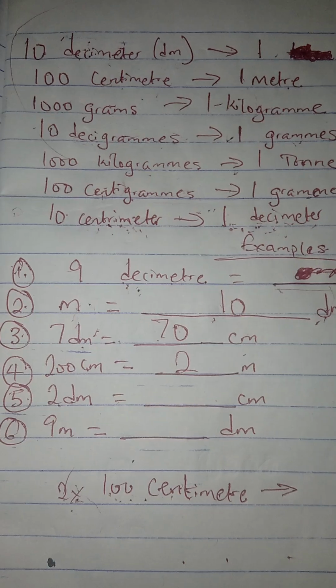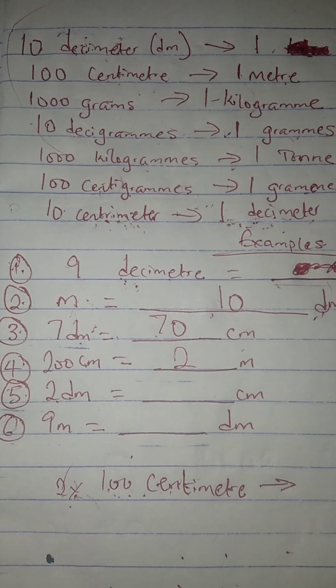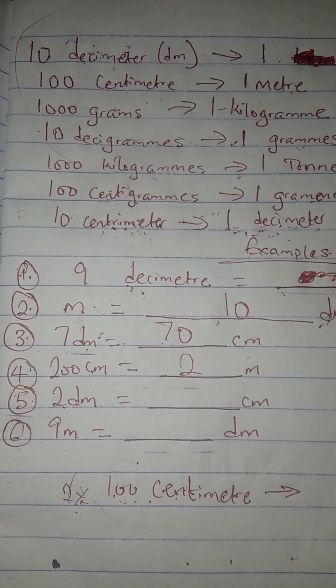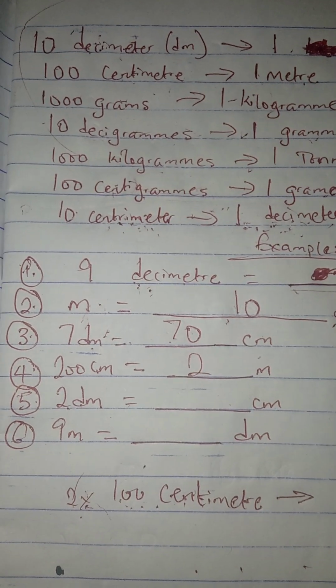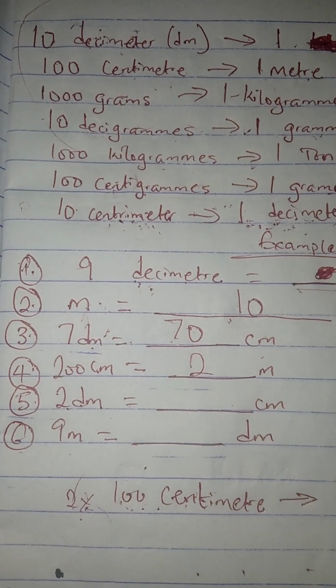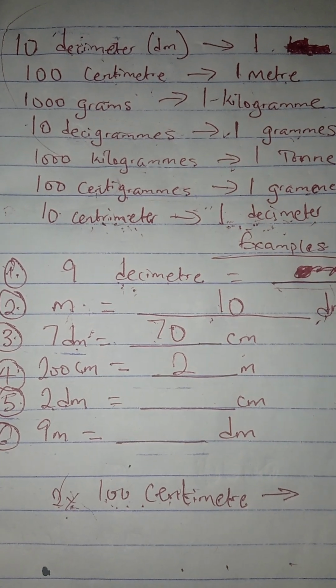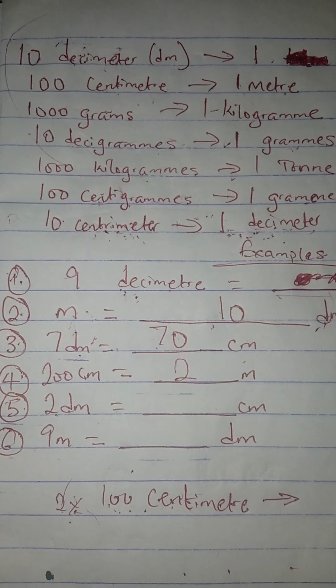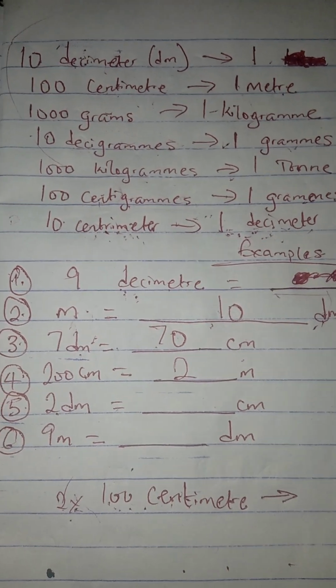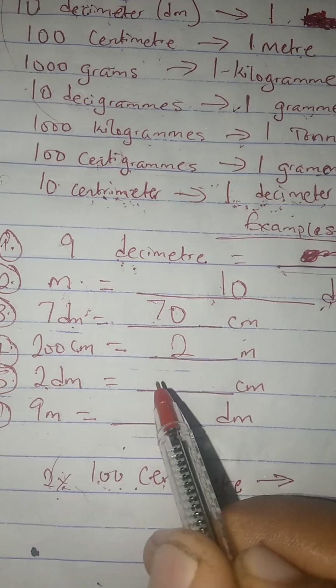So since 1 decimeter gives us 10 centimeter, basically 2 decimeter is going to be 2 times 10, which will give us 20 centimeter.